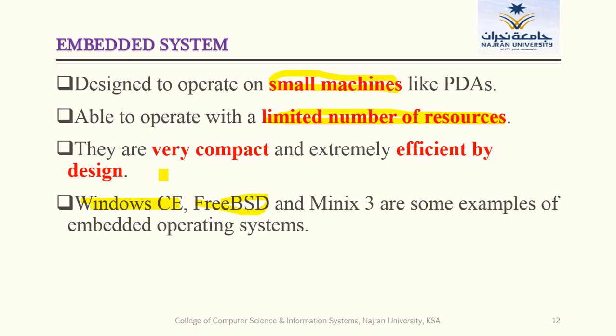We use this type of operating system on these devices because they can operate with a very low number of resources, and they are compact and very efficient. Examples are Windows CE, FreeBSD, Minix. These are some common examples in our small devices.